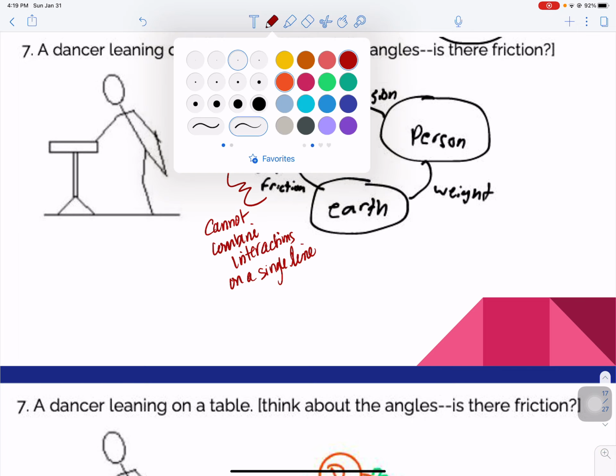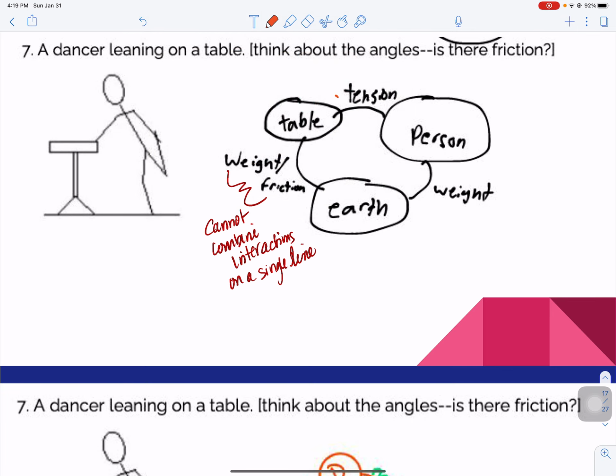So if I do my boundary and I count the number of lines, I count 1, 2. I'm only going to count 2 lines, but this line, people are saying, is representing 2 forces, and so I'm not making good use of my visual aid. So you cannot combine interactions on a single line, 1 line for each interaction type.